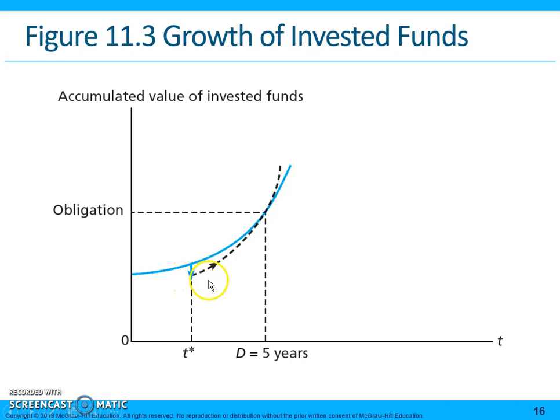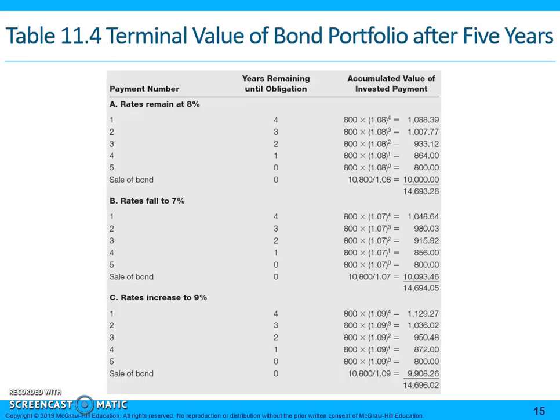So the value, our value is lower, but we're going to earn more interest on those coupon payments when we reinvest them, and it's going to offset the cash flow, and we're going to end up with what we need to meet the obligation. So that again would be the example that we would see right here.